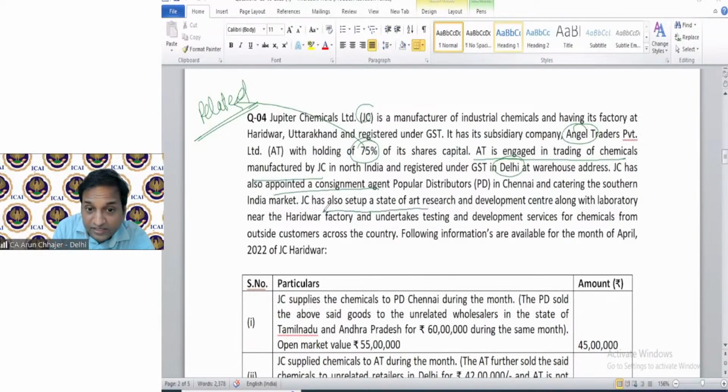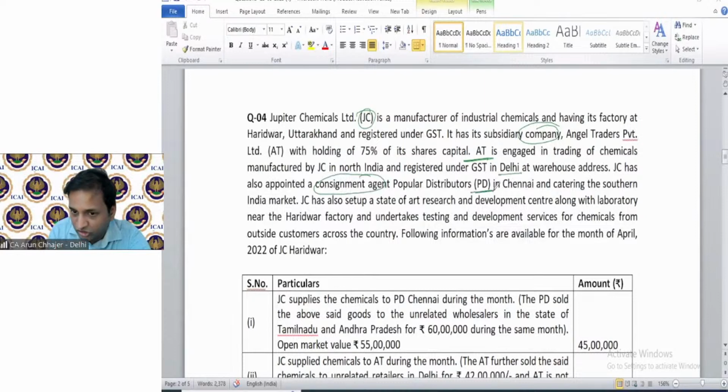JC has also set up a state-of-the-art research and development center along with laboratory near the Haridwar factory, undertaking the testing and development services for the chemical from outside customers across the country. So he has some R&D unit also, wherein he is doing the testing. Following information is available for the month of April 2022. So now JC has one subsidiary company, that is AT in Delhi. It has also appointed a consignment agent, popular distributor in Chennai. Correct.